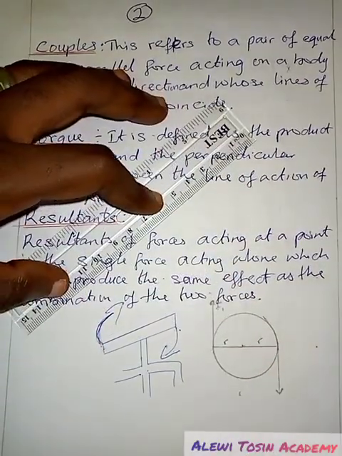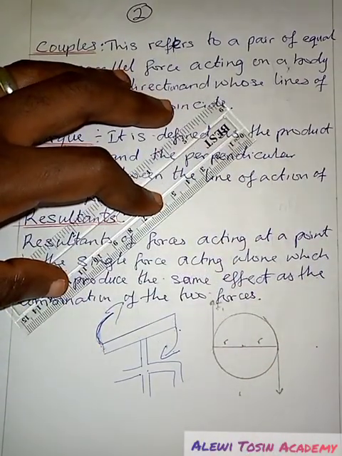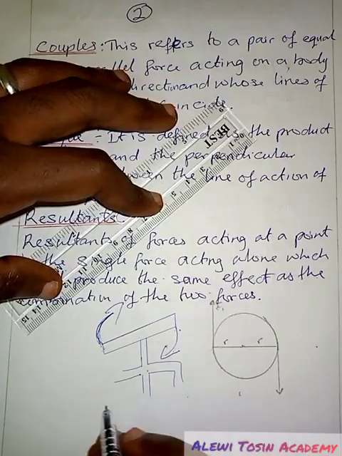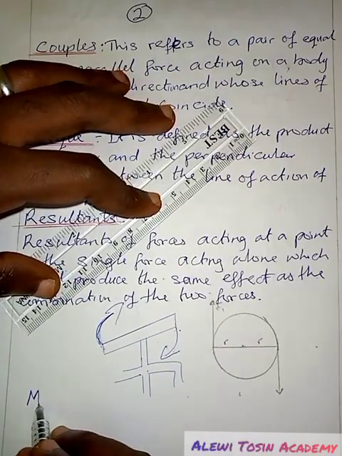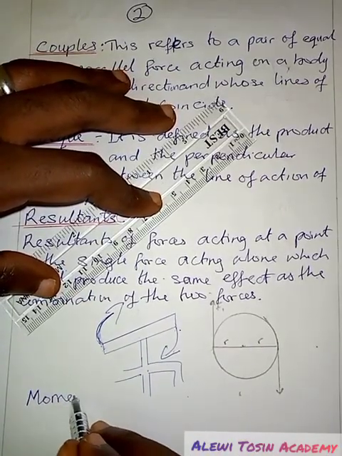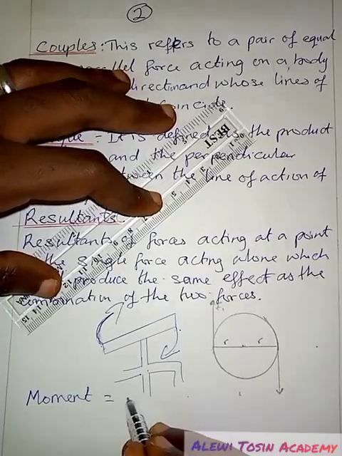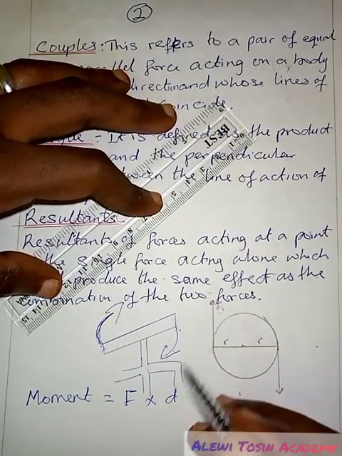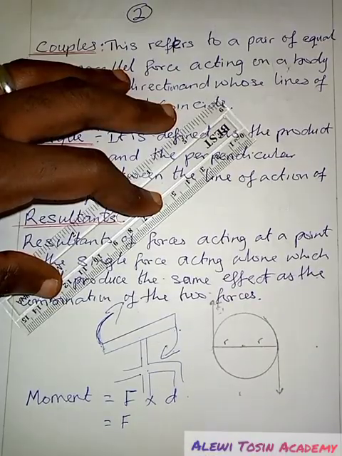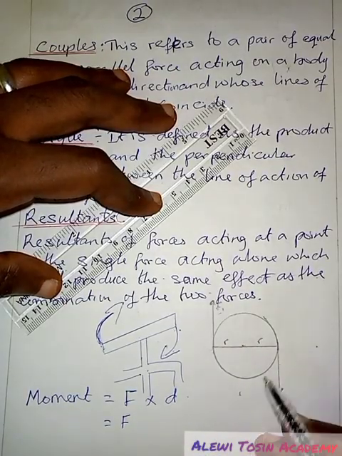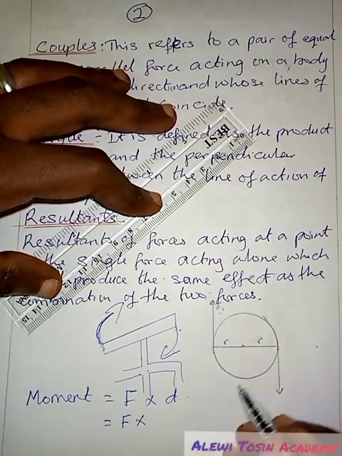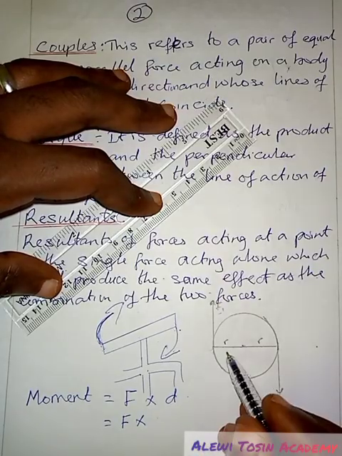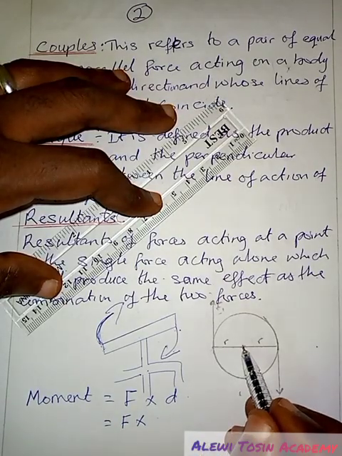This radius, this side R, is also equal to the other side here, R. Now, from the fact that we said that our moment is equal to force times perpendicular distance, this is our force, and the distance here is D, and the D here is 2R.